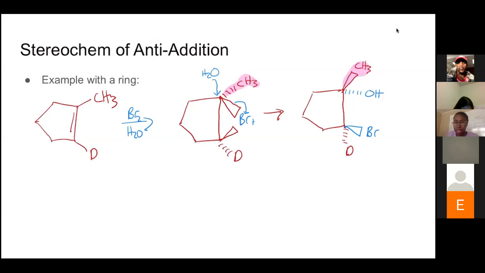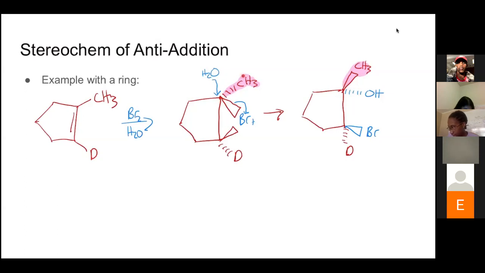This is because whenever you have a backside attack, you always have what's known as inversion of configuration going on, which we'll talk about a little bit later in the course. Here, inversion is shown by having the groups that are on the carbon that's being backside attacked change configuration.